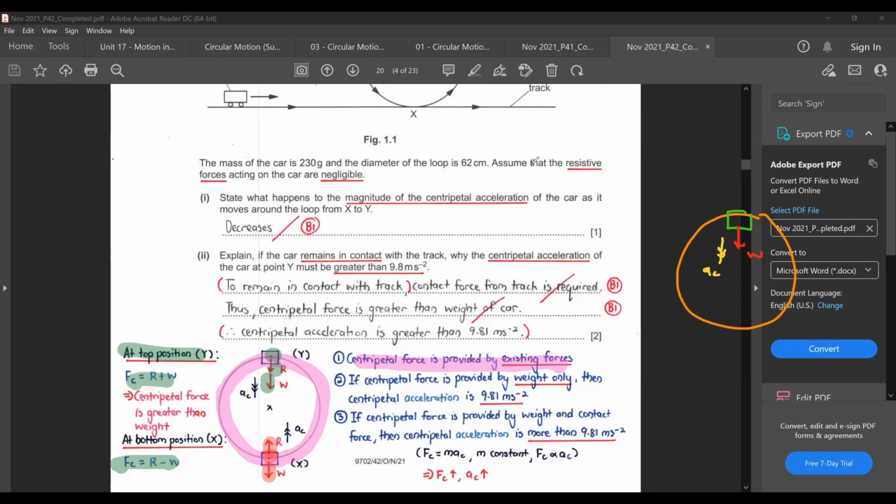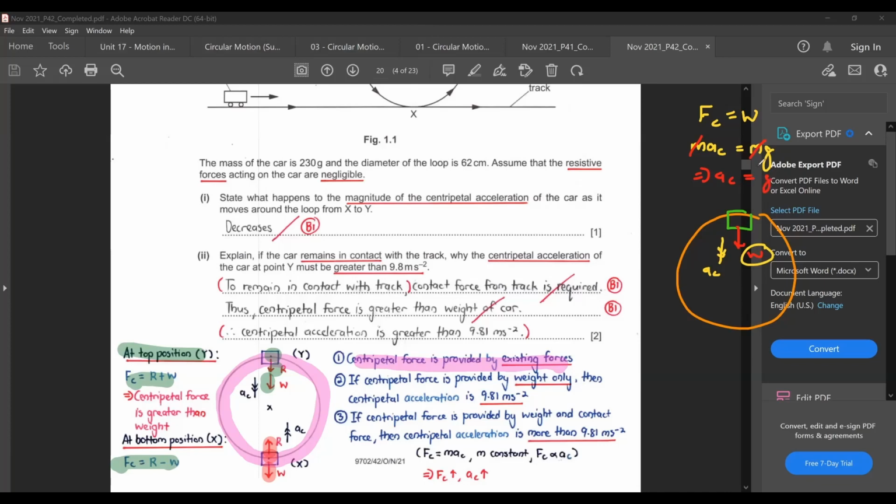If my only force acting was just the weight, that would mean that centripetal force equals weight. Centripetal force is provided only by the weight. And then Fc is mass times centripetal acceleration. Weight is mass times gravitational acceleration. So the masses will cancel off, giving me the conclusion that AC equals g.